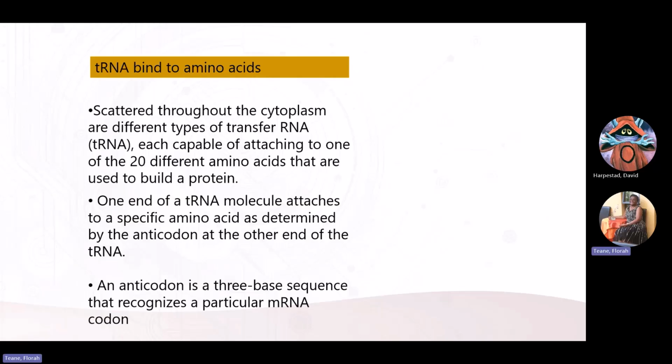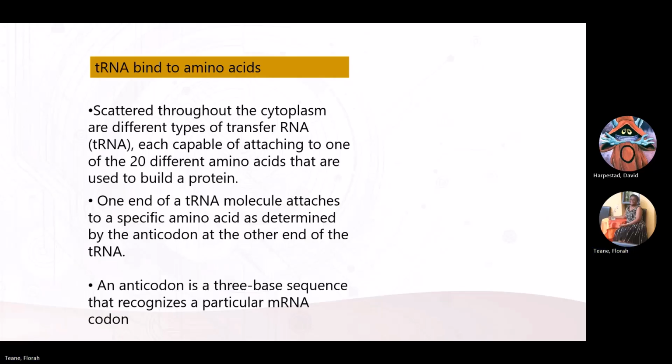The copied message from DNA indicates, number one, which amino acids are needed for the protein. Number 2, how many of such amino acids are to be used for such a protein. And number 3, how are those amino acids to be arranged, the arrangement of such amino acids to form a protein.